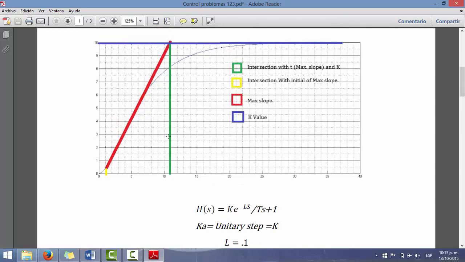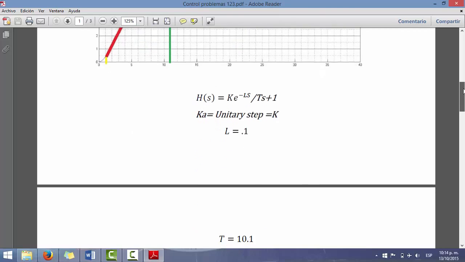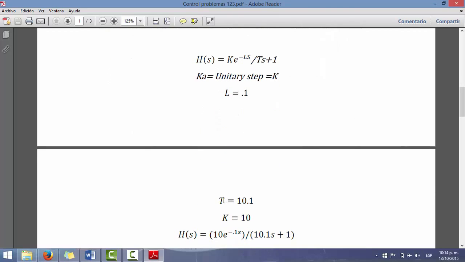We do the same at the intersection of K and the maximum slope, where K is equal to Ka because of the unitary step. We get that value of 10.1, and we knew this value of K equals 10.